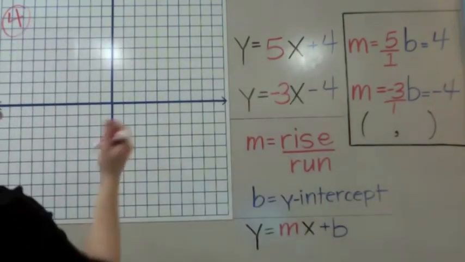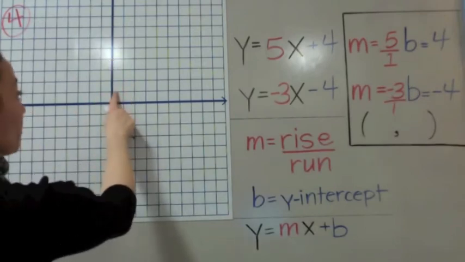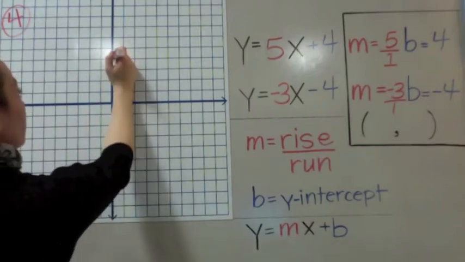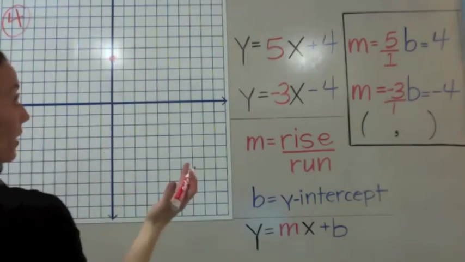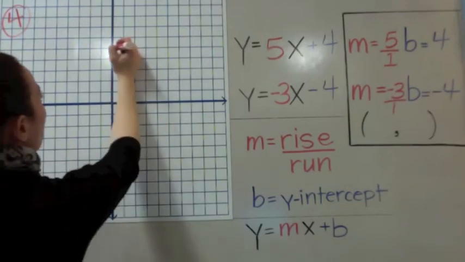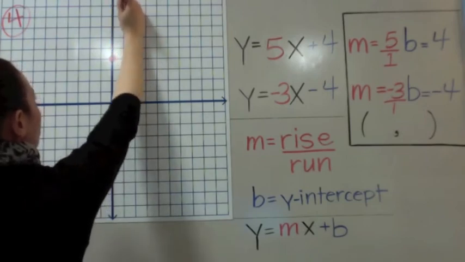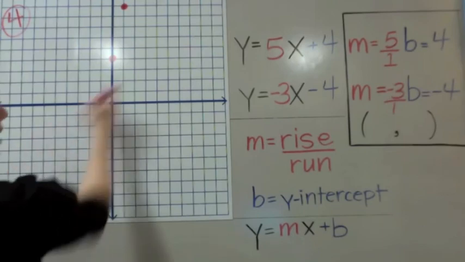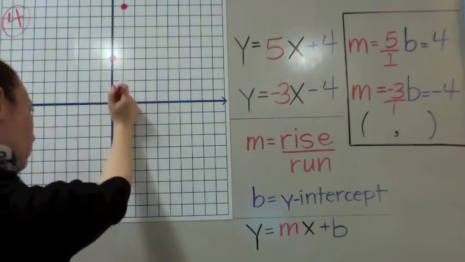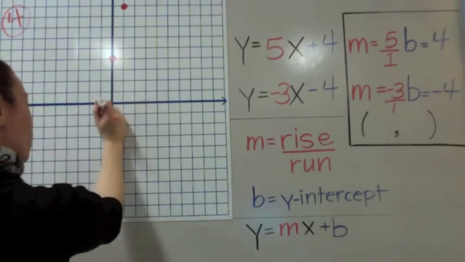First equation is a positive 4 on the y-axis, y-intercept 1, 2, 3, 4. And then where will you go? Up 5. Do we have room? I think we do. 1, 2, 3, 4, 5 over 1. And let's go in the opposite direction, right? 1, 2, 3, 4, 5. We're going down 5 and over 1. Let's do it again.